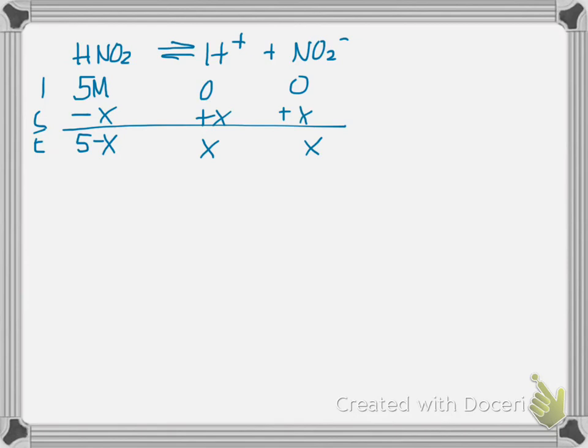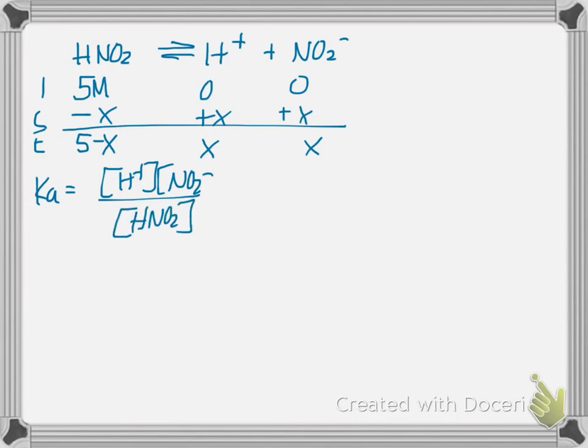All right, so now we have Ka is equal to H plus times NO2 minus over HNO2. So we're going to plug in. Can we neglect X here?